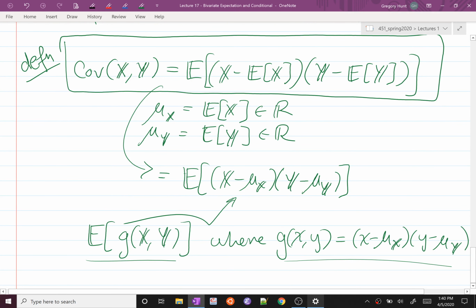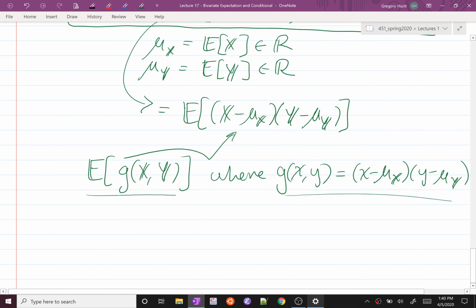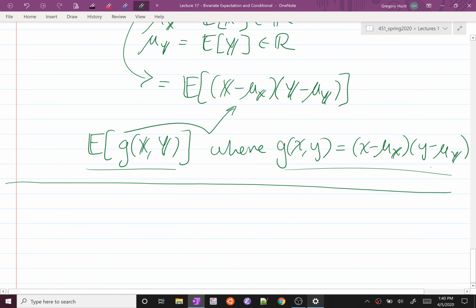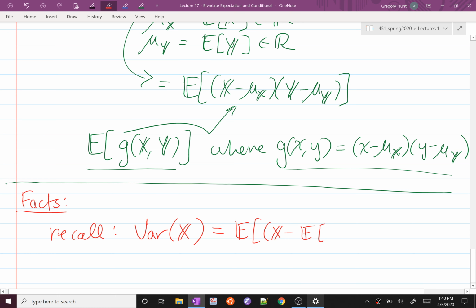So the covariance looks a lot like variance, and here are some facts to keep in mind. Recall that we define the variance of just a univariate random variable X as the expected value of X minus its expectation, squared.